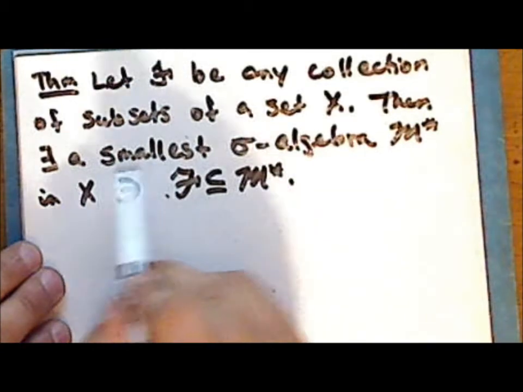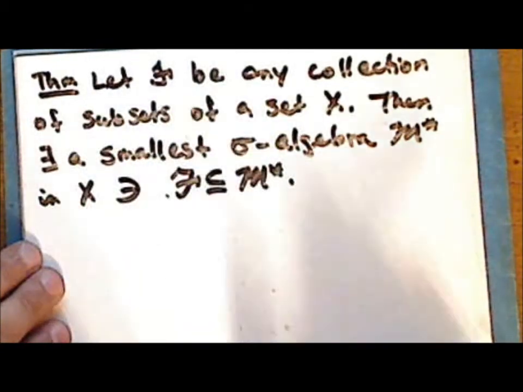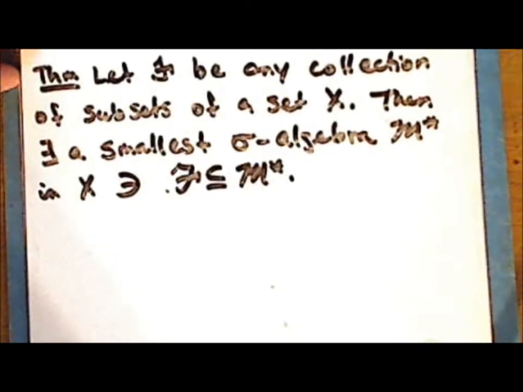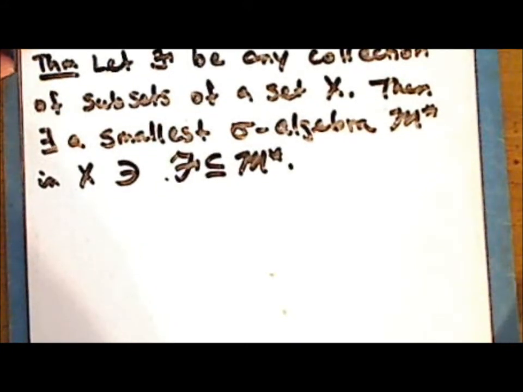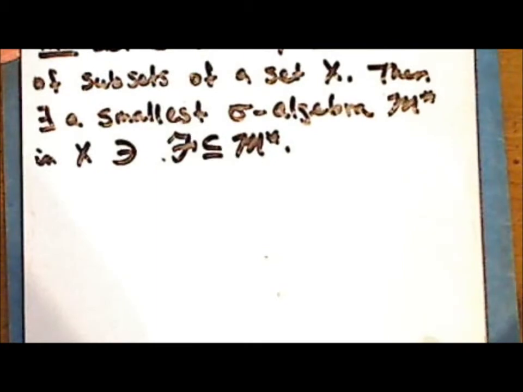So we need to make rigorous what we mean by smallest. In mathematics, when we say smallest, we mean the most exclusive set, and so that is the intersection, and so that's how we're going to prove this.